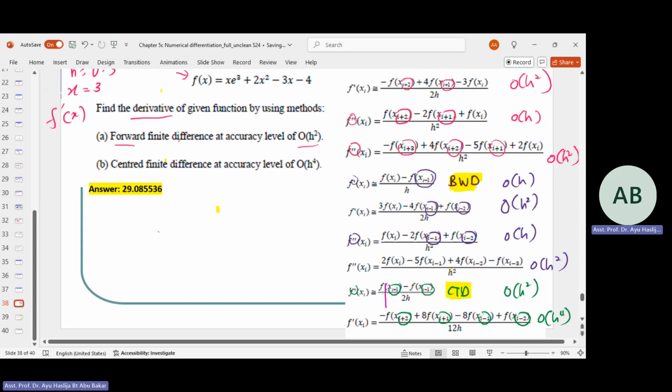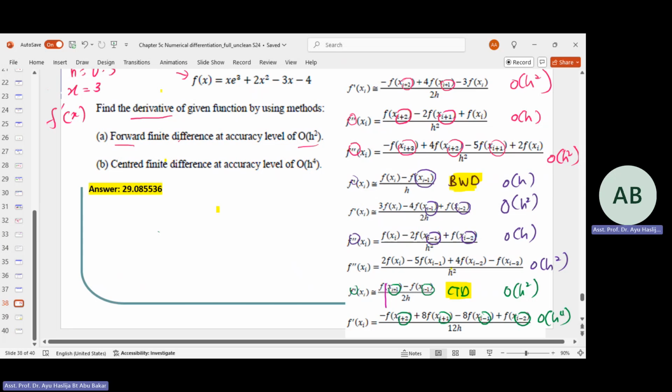Wait, let me confirm the level, 2.4 or 2.3. 2.4, right. Okay.